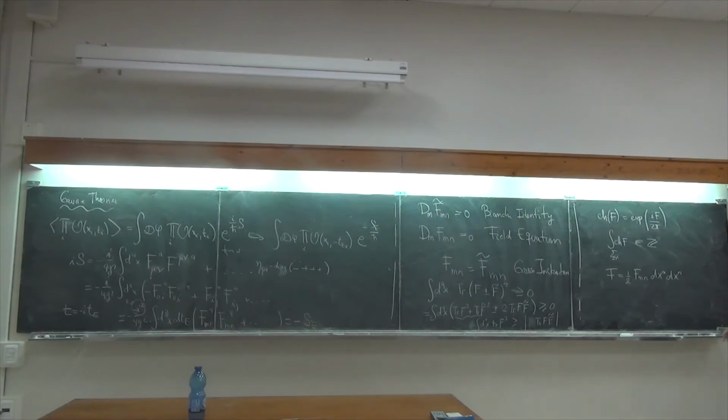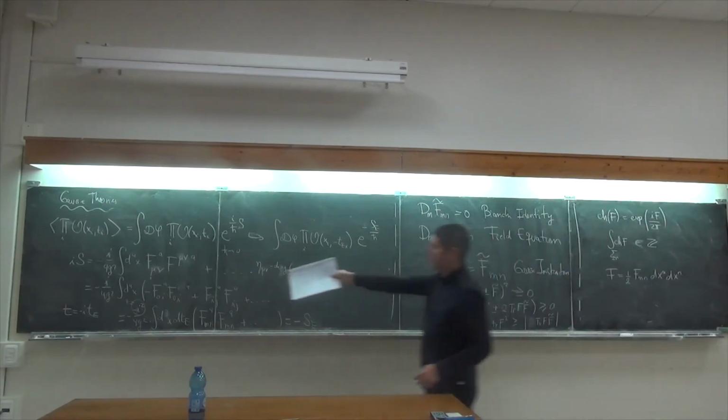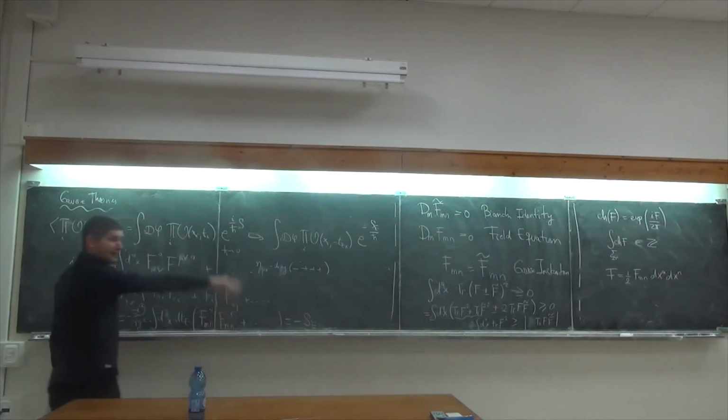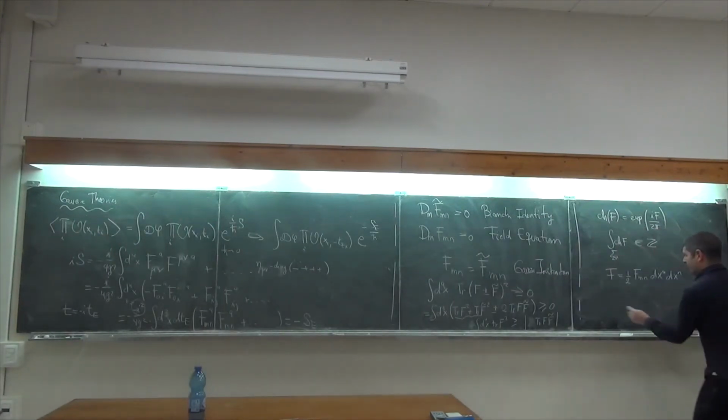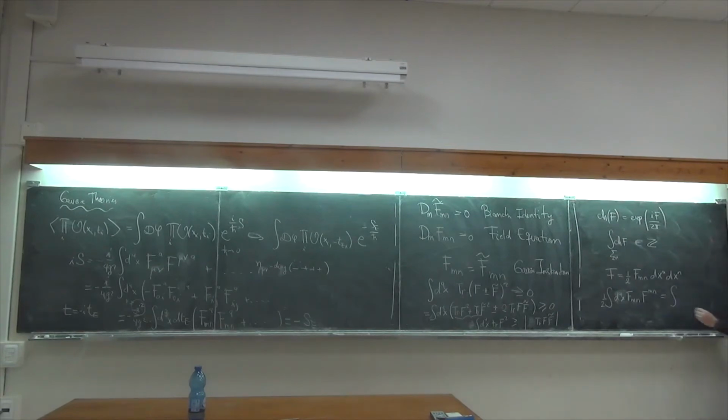And for example, let me give you a few formulas. Every formula I write here, I can translate in terms of forms. For example, the integral of F_mn over x, with the 1/2, is the same as the integral of F.